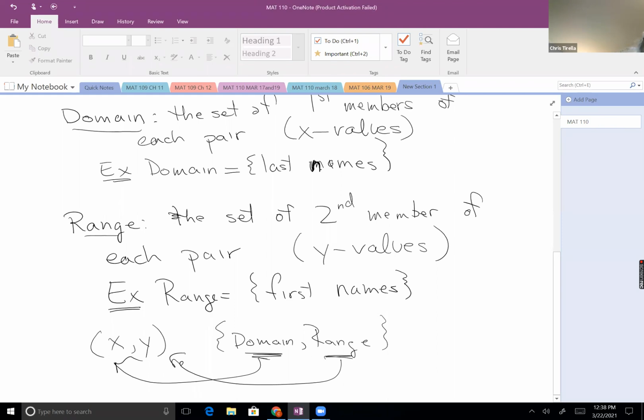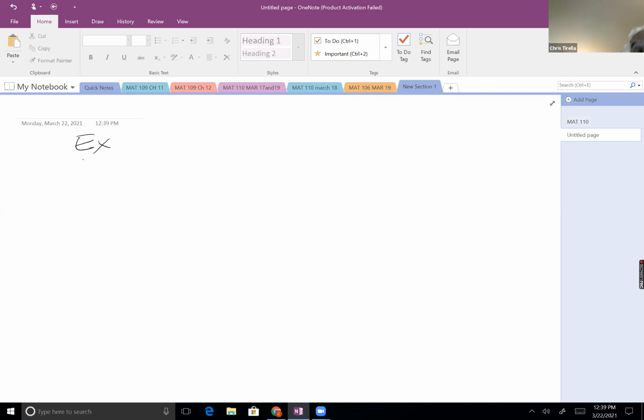And so I could have a relation, something like my class roster, pairing last names with first names. We're going to look more at number sets. So let's look at another example.